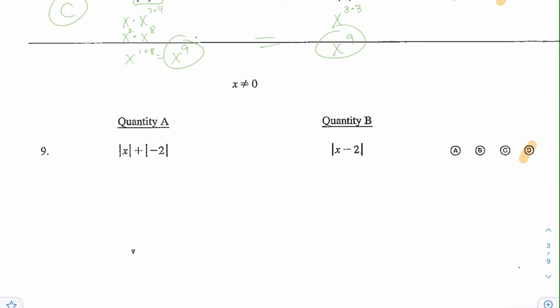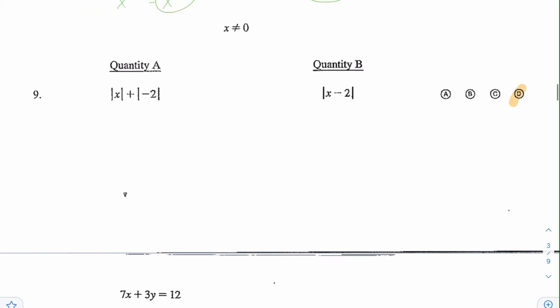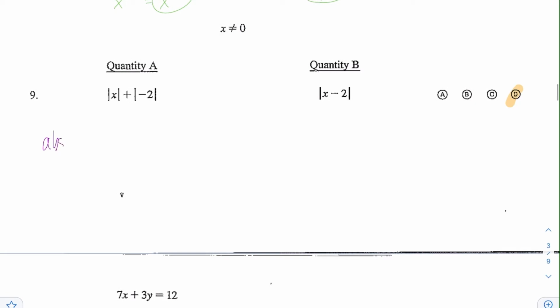Next, for number 10, you have x not equal to 0, and you want to compare the absolute value of x plus the absolute value of negative 2 versus the absolute value of x minus 2. So you don't know what x could be, but in this case, the absolute value means that if x, the stuff inside this absolute value, is greater than or equal to 0, the absolute value of x is equal to the number itself.